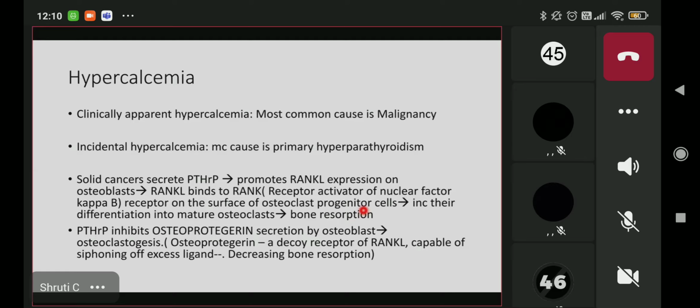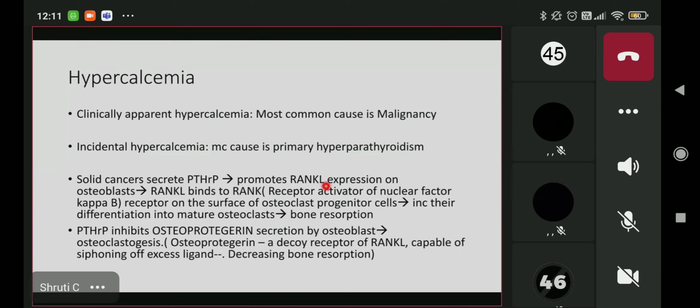And as this RANK receptor is present on the osteoclast progenitor cells, the RANK ligand is present on the osteoblasts. So when this RANK ligand binds to RANK receptor, it stimulates the progenitor cells and increases their differentiation into osteoclasts. And you should know that osteoclasts cause increased bone resorption.